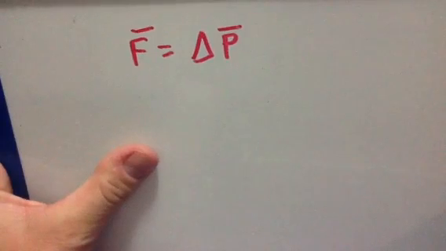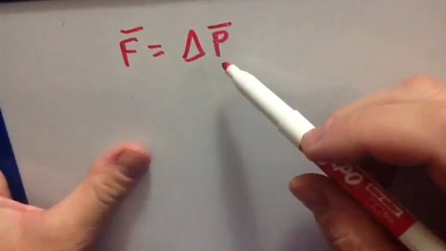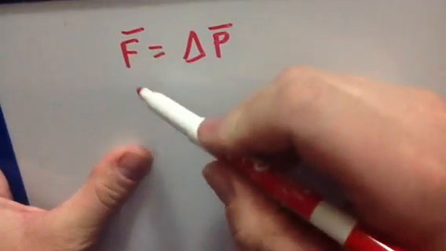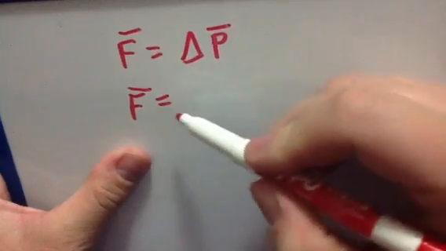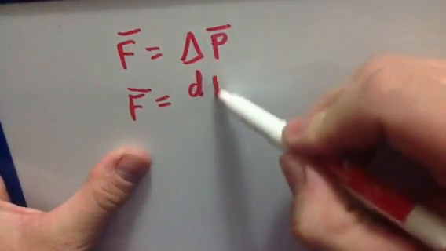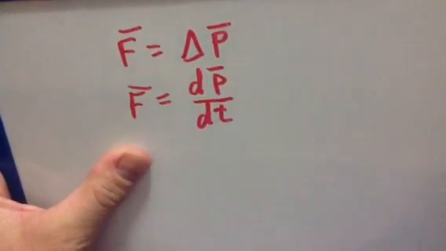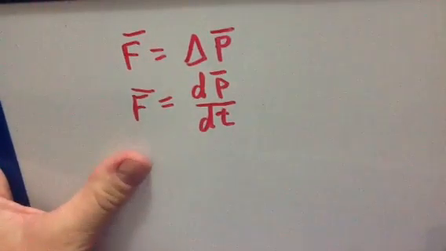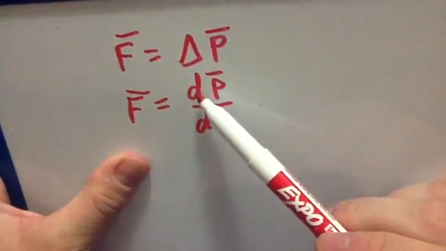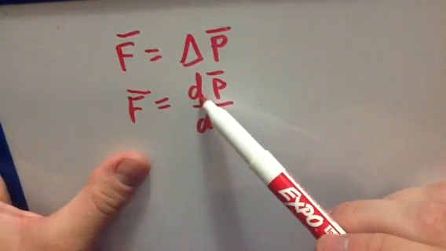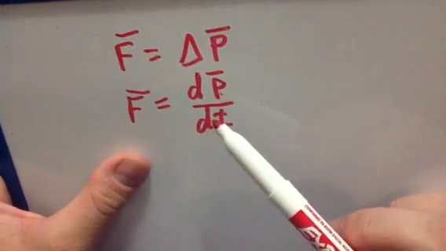And then I said, okay, fair enough. But as we know, momentum is changing with time, right? So what I did is just a little calculus. I said force equals dP over dt. Now, even if you don't know calculus, that's okay. Just look at this d as a tiny, infinitesimal change: the tiniest change in momentum over the tiniest change in time.